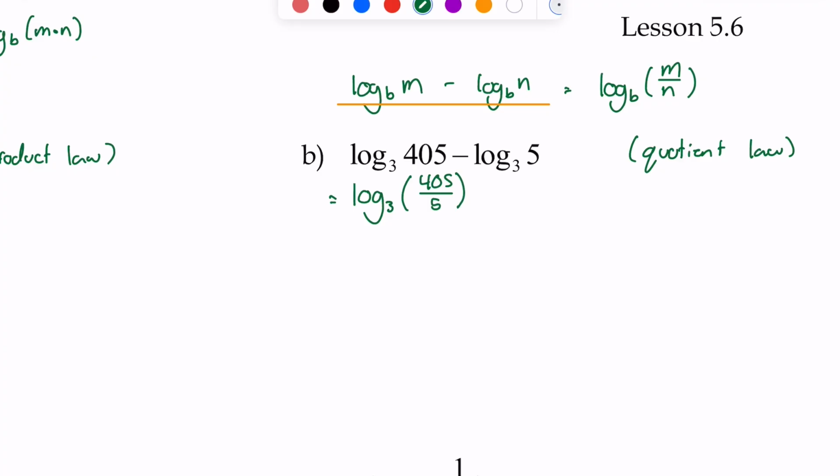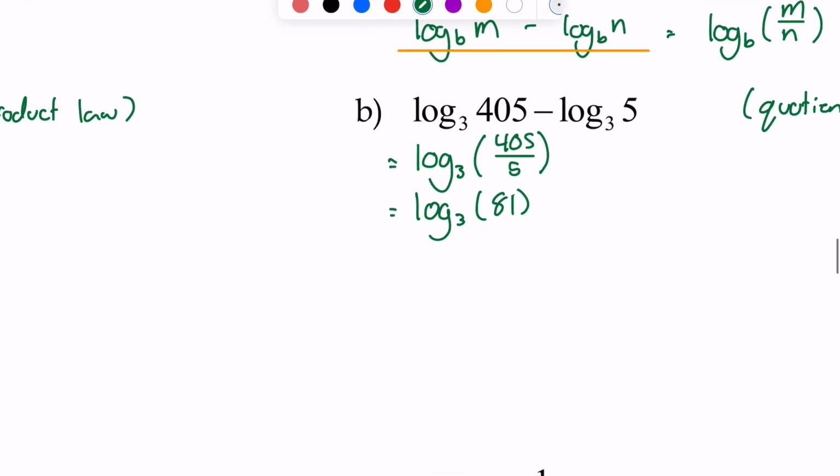So how many times does 5 go into 405? Well, 5 goes into 40 8 times, and then 1 time into the 5, so that reduces to 81. So then 3 to the what gives you 81? 4.